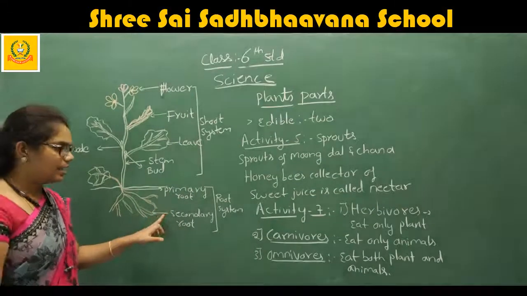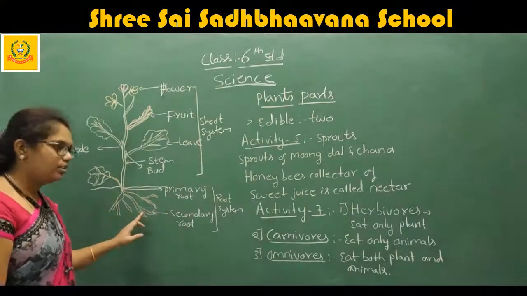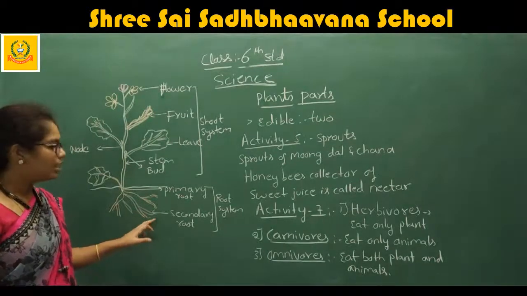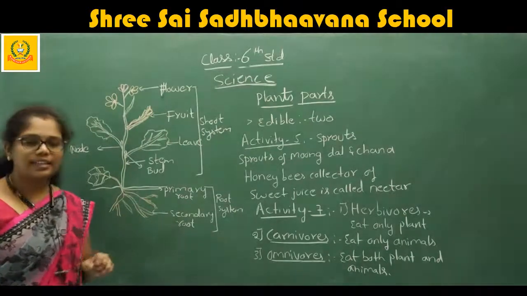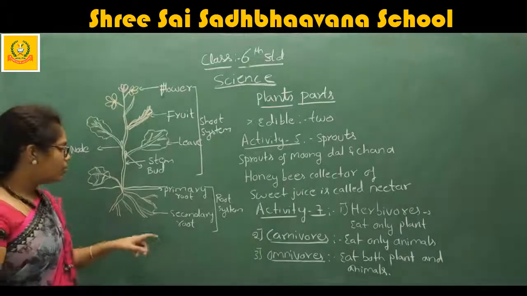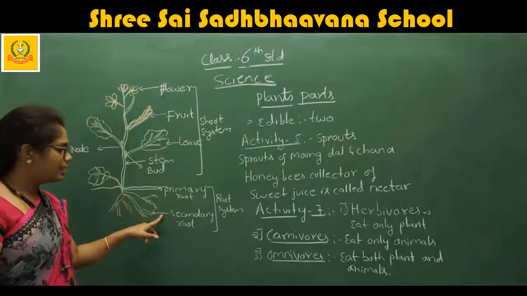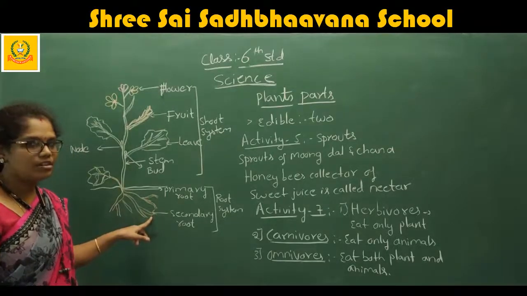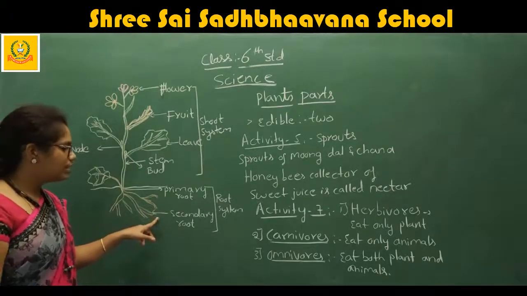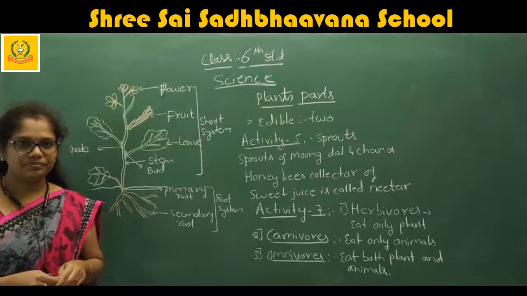What is considered the secondary root? The further part of the root system is considered the secondary root, where the water is absorbed from the soil. Therefore, this is the secondary root.